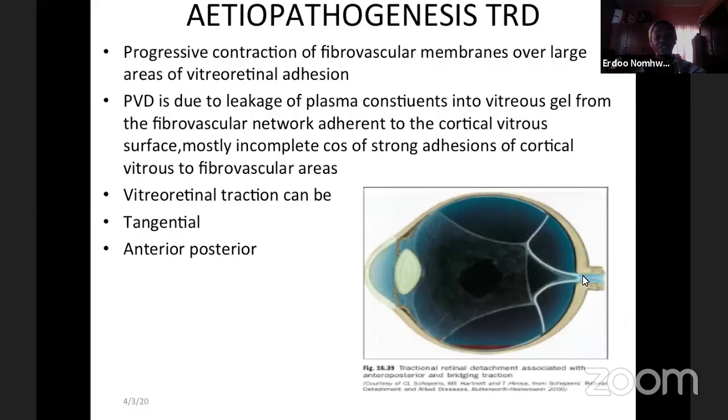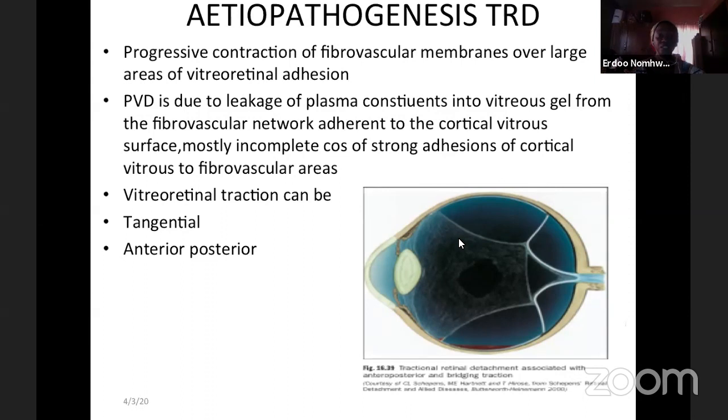For the tractional retinal detachment, I try to look at it this way. Usually you would have fibrovascular membranes over areas of vitreoretinal adhesions whenever you have a tractional retinal detachment about to develop.